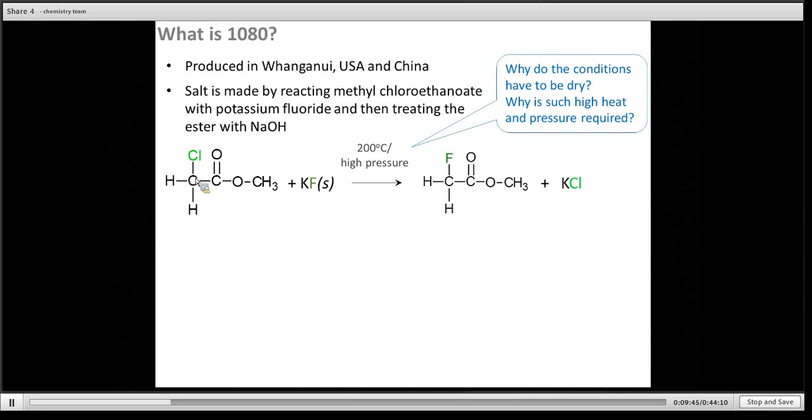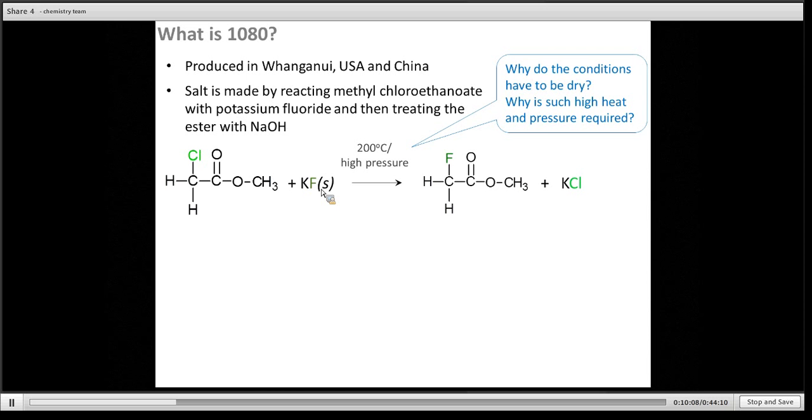Why do the conditions have to be dry? Well, you'll notice it's a solid, it's a very fine powder that's used. Think of why it's such a fine powder. Use your understanding of chemistry. Why isn't it just pellets? Why do we use such a fine powder? I'm not going to answer all the questions. You should be able to think about it with your background in chemistry.